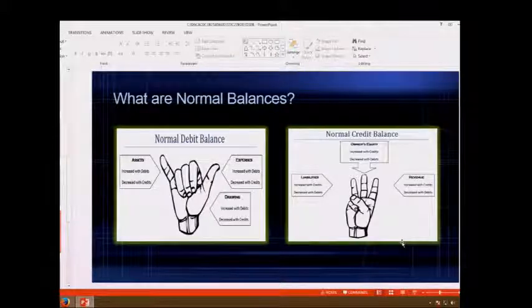That's why it does the Texas Longhorn, right? And then liabilities, equity, and revenue are in the middle, and that's why they do the 3 middle fingers. If you just use that a couple of times, that'll help you remember which accounts have a debit balance and which ones should have a credit balance. Just a little graphical illustration to help you remember that, okay?